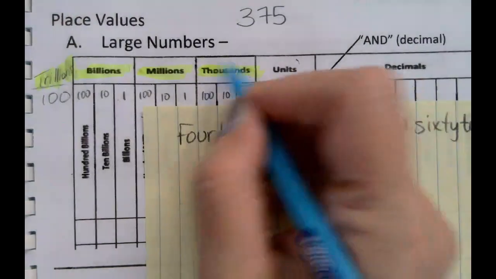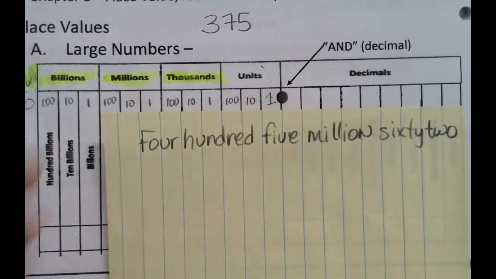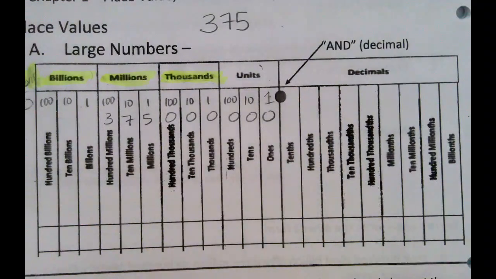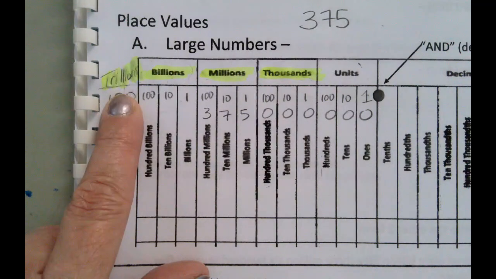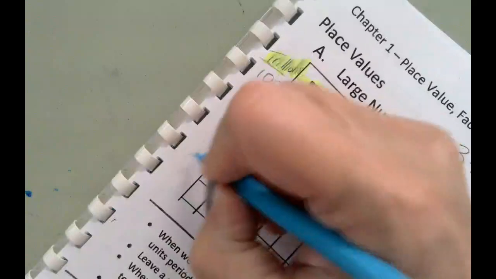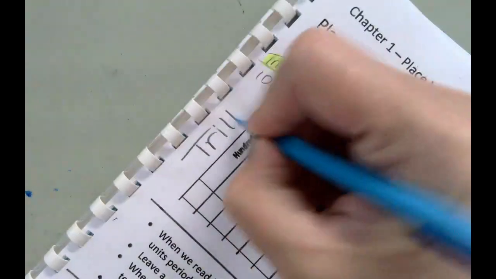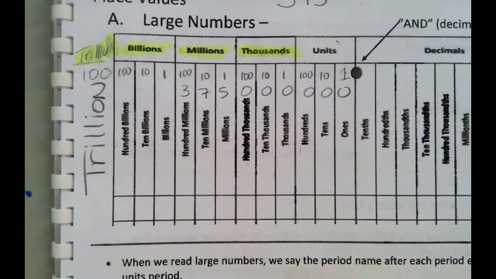Or you can just circle them if you'd like. Let's just write the trillion in. You may have to write it this way. If you can't fit it, just put trillion on the side like that.